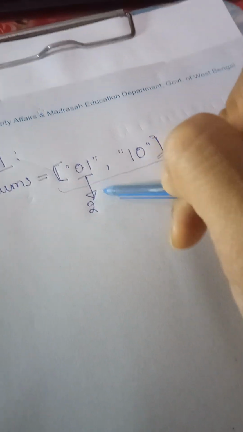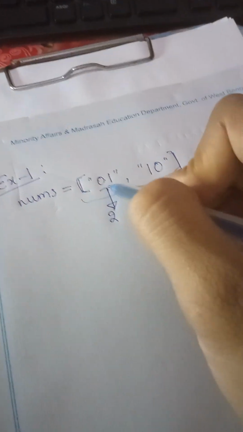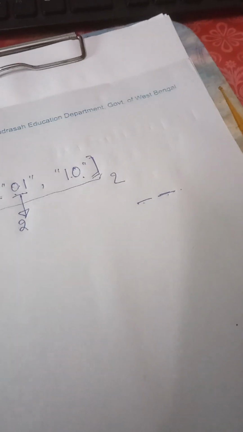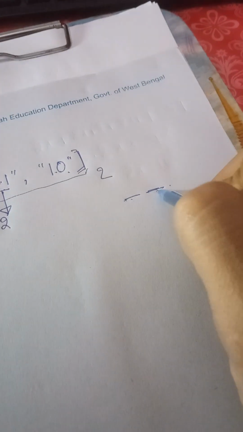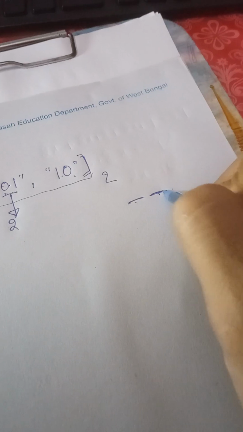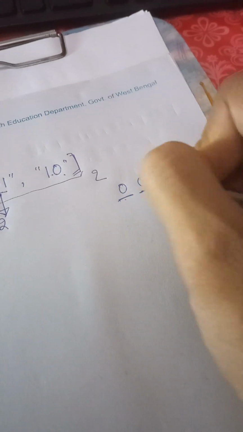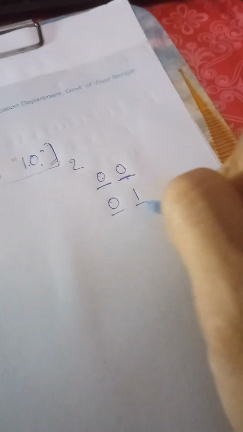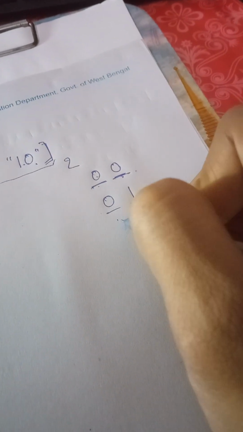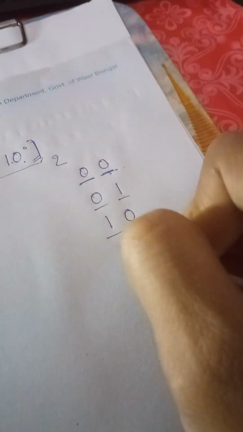So how many possible answers would there be? There are only two elements, but there are two places. How many binary numbers of length 2 can you form with two places? It is simple: start with 0 0, then 0 1, then add 1 to this so it becomes 1 0, then 1 1.